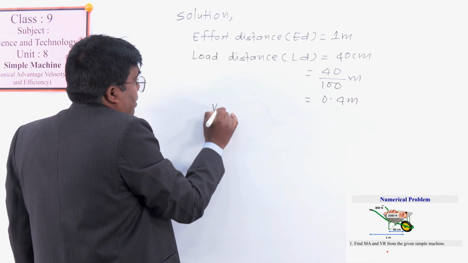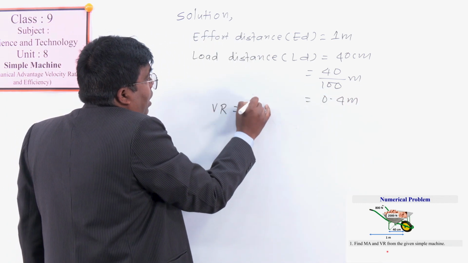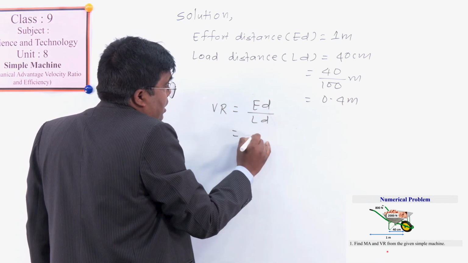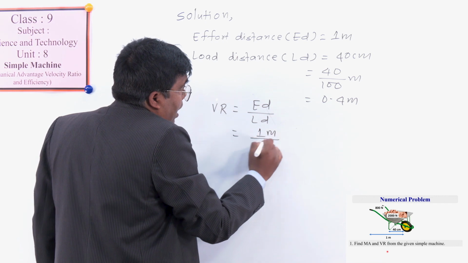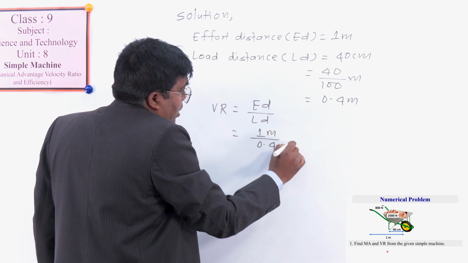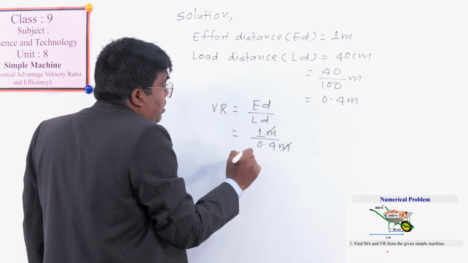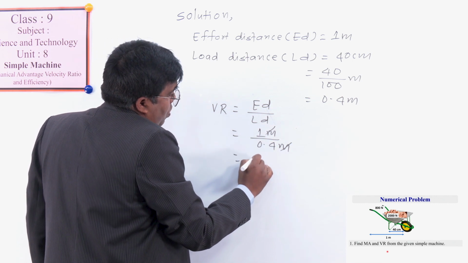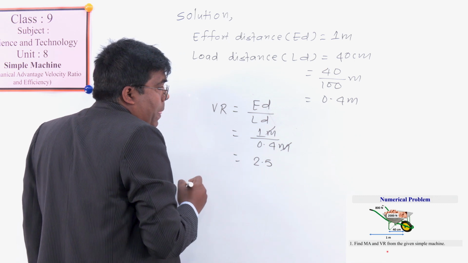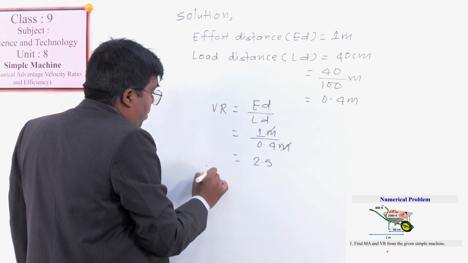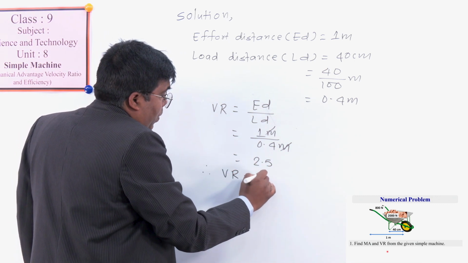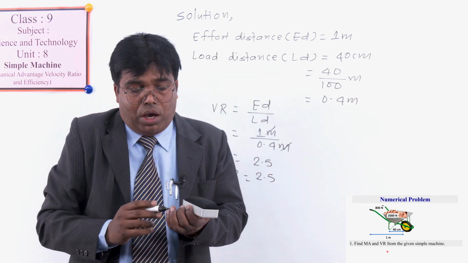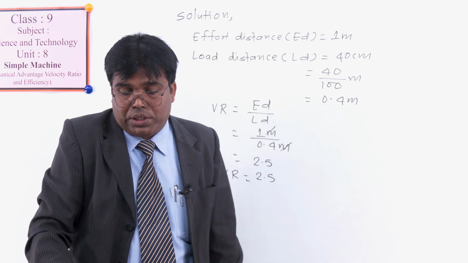Now VR equals ED by LD, effort distance by load distance. That means 1 meter by 0.4 meter. The meter cancels. If you do the simple calculation, you will again get 2.5. Therefore, VR equals 2.5. It means VR also has no unit.